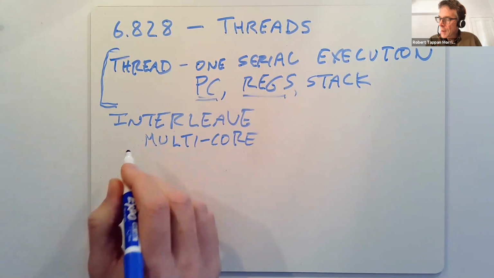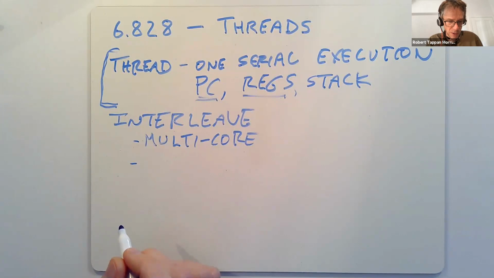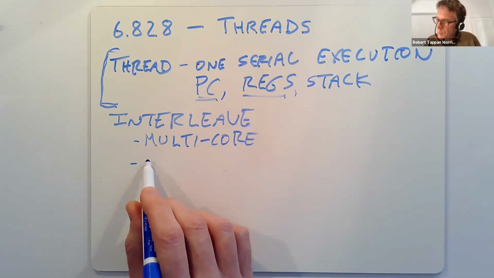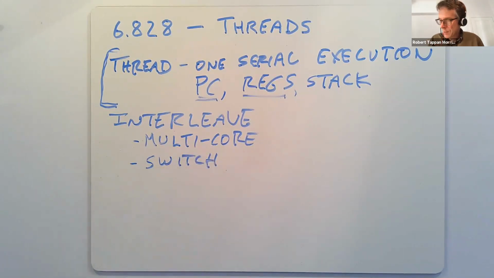And so the other main strategy that we'll see, indeed the topic of most of this lecture, is how each CPU is going to switch among different threads. So if I have 1 CPU and 1,000 threads, we're going to see how XV6 builds a switching system that allows XV6 to run 1 thread for a while and then switch, set aside and save the state of that 1 thread, and switch to executing a 2nd thread for a while and then a 3rd thread and so forth, until it's executed a little bit of each thread, and then go back and execute more of the 1st thread and so on.